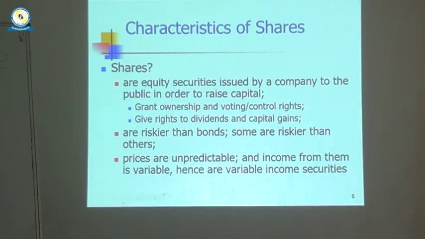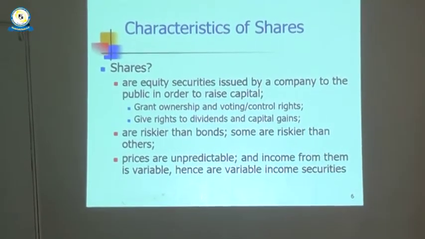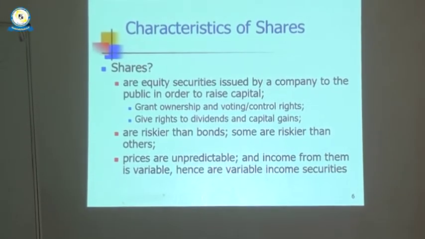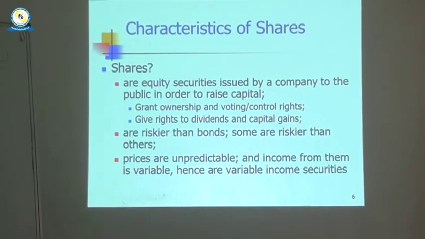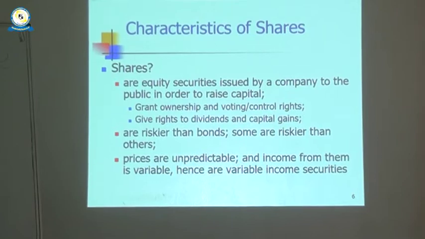A share is a security instrument which is issued by a company to the public in order to raise capital. So the aim of the share is to raise capital. Shares grant ownership and voting rights to the shareholders. They also give the right to dividends and capital gains.